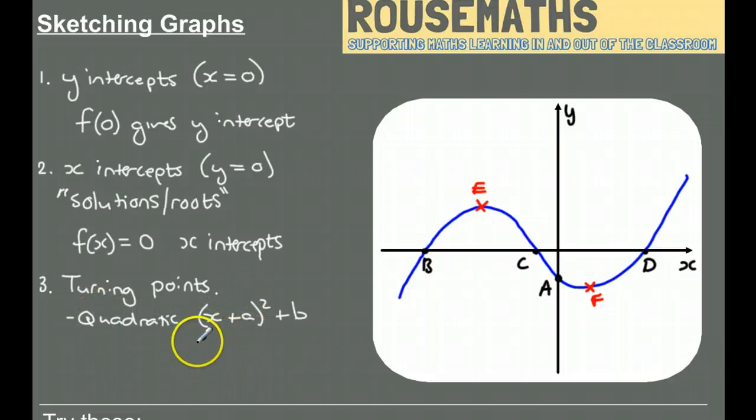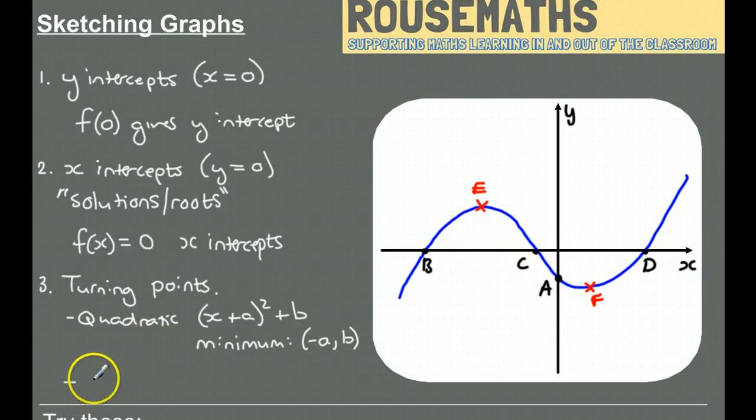And the minimum point is always the opposite sign to A and B. And that's because you want to know what value of x will make this bracket 0, because 0 squared will be 0, and that's the lowest this is ever going to be, and add on B and you work out what your y is. So this is why that works for the minimum.